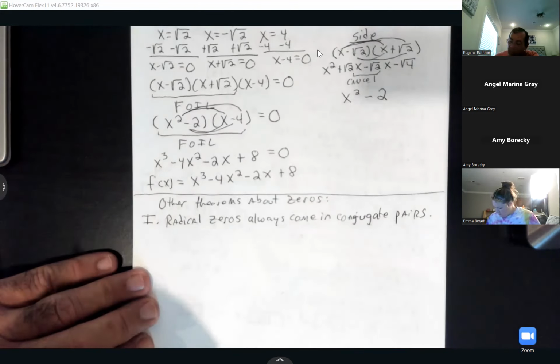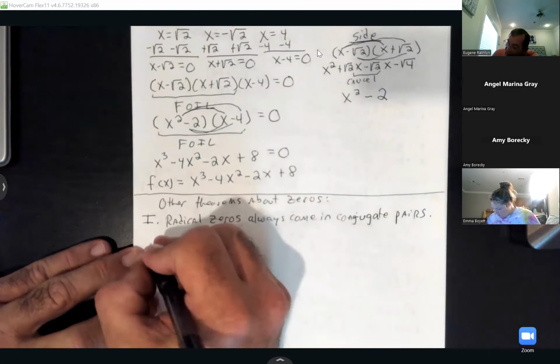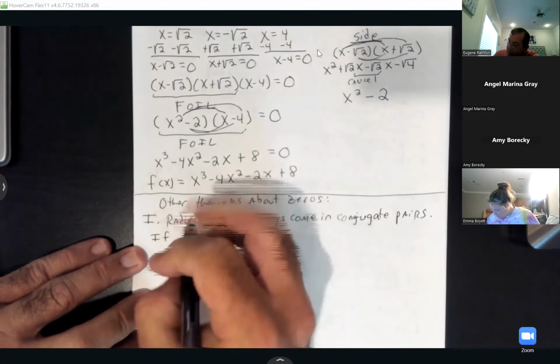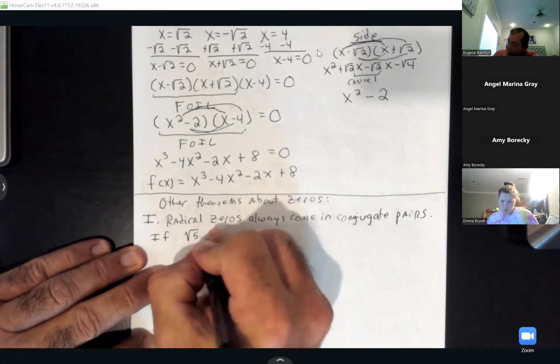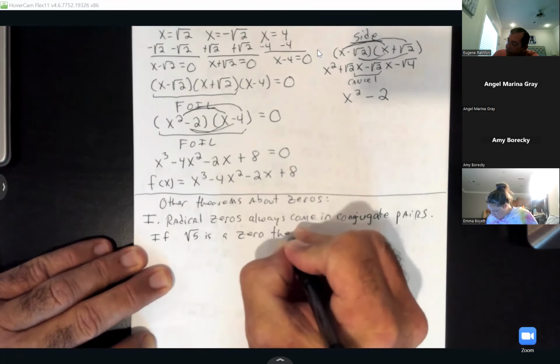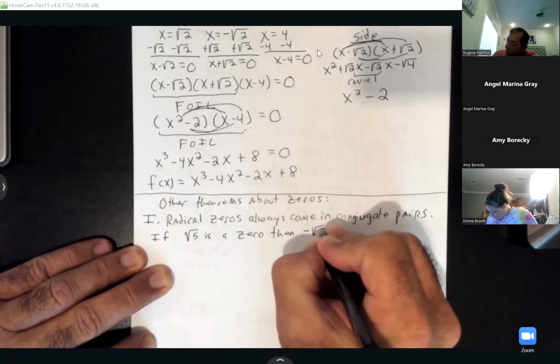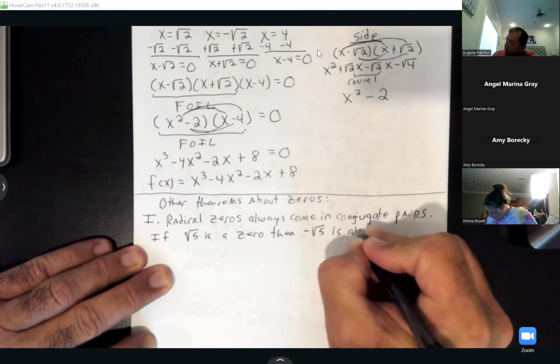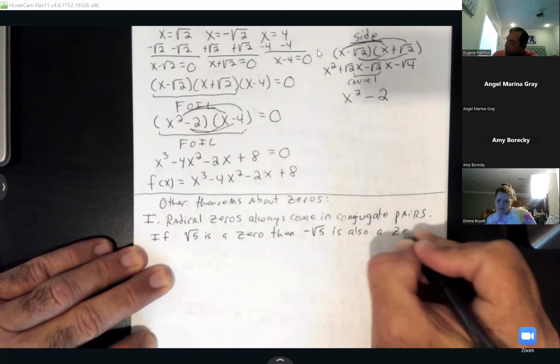Radical zeros always come in conjugate pairs. That means if square root of 5 is a 0, then a negative square root of 5 is also a 0.